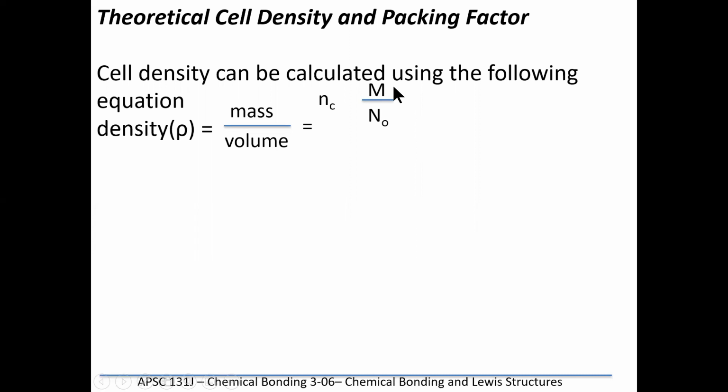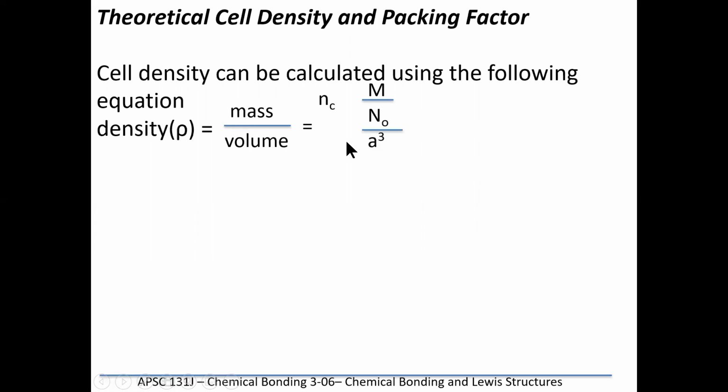Remember, the molar mass is given as grams per mole. So when we divide the grams per mole by the number of atoms in a mole, we get the number of grams in one atom. And then if we know the number of atoms found in that particular unit cubic cell, we can figure out the mass of the atoms in the cubic cell.